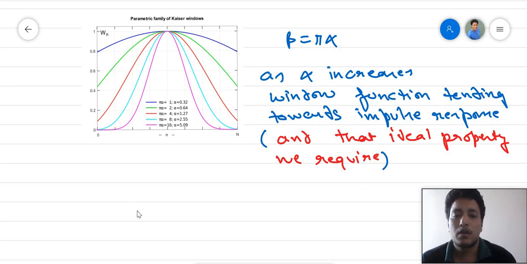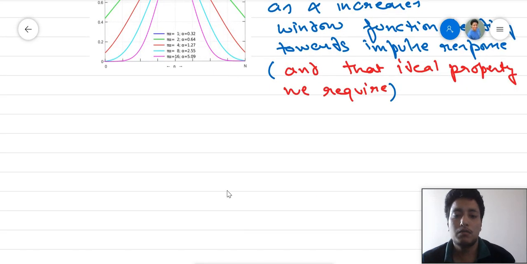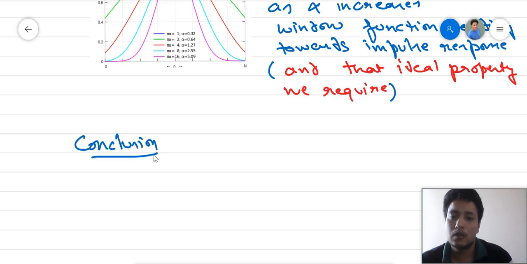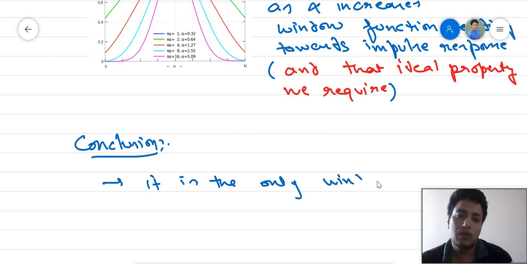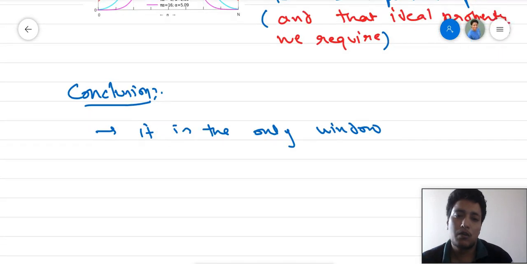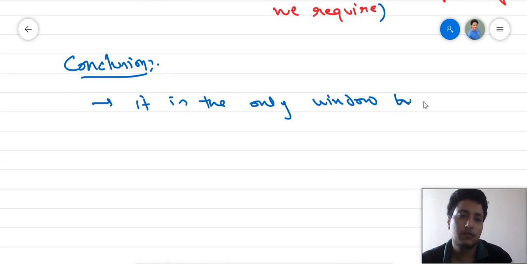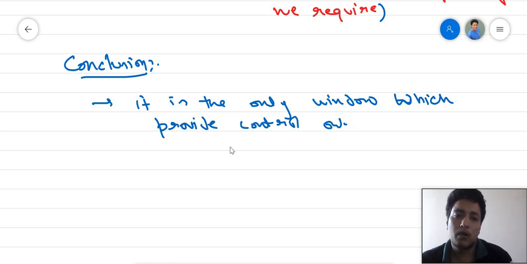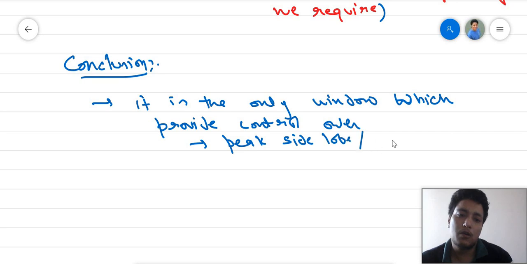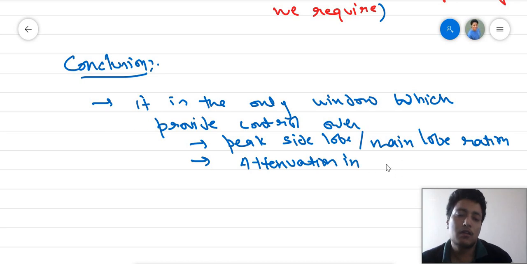This particular window is the most optimal window, as it is the only window which provides control over peak side lobe to main lobe ratio, and also attenuation in stop band.